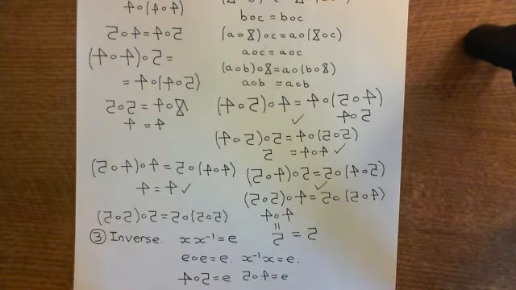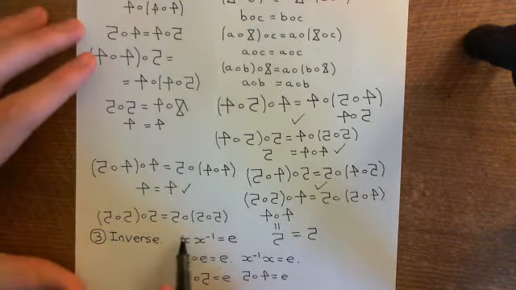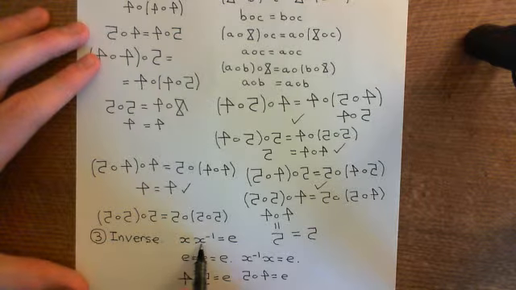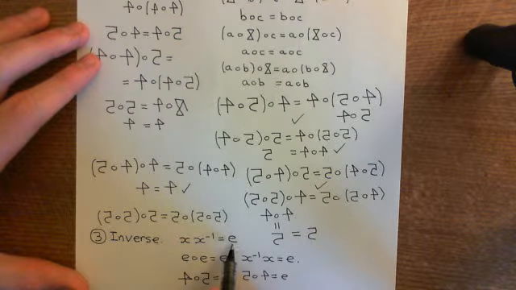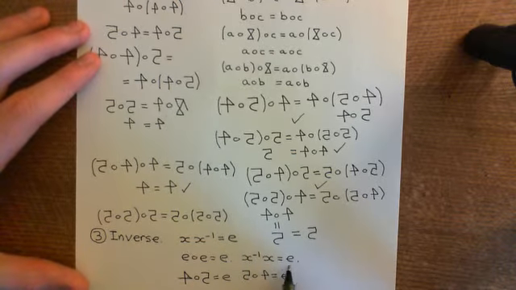Okay, now that always is true, because if one element is the inverse of another element, then that other element is its inverse. So if we, for instance, just look at this relationship, x composed with its inverse is equal to the identity, and also x inverse composed with x is equal to the identity.